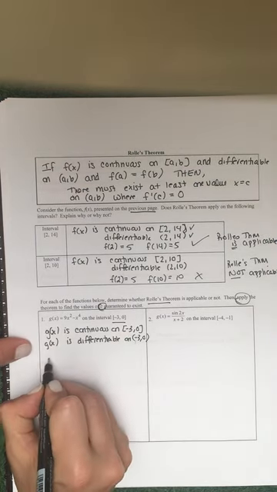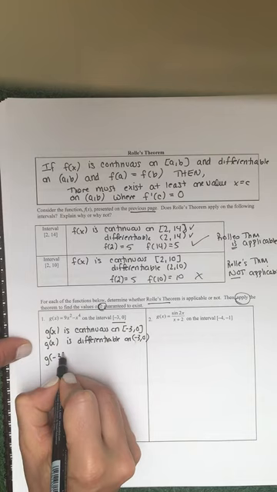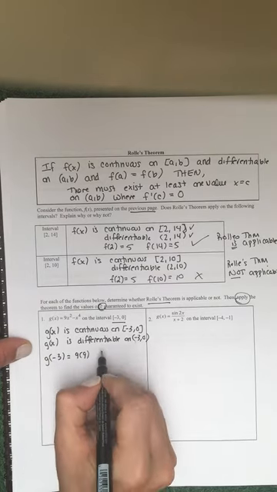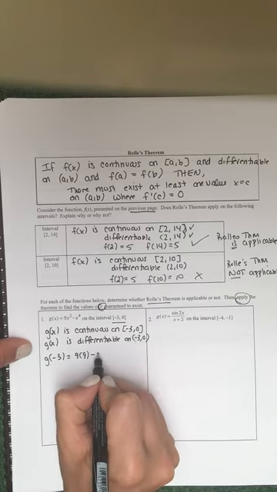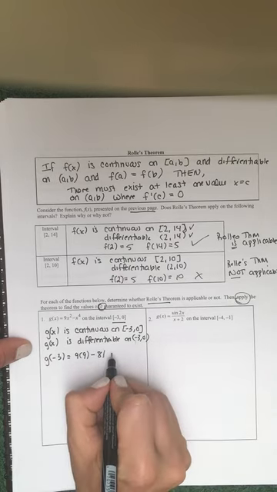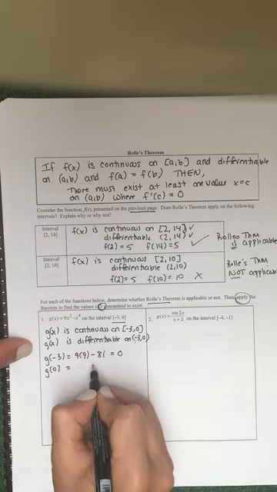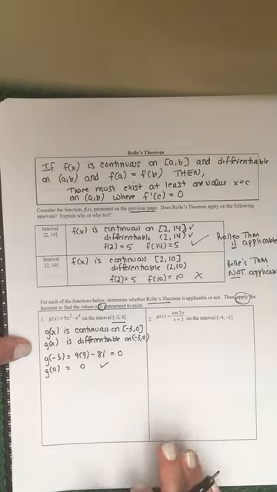So now we've got to see what g of -3 is. It's going to be 9 times 9 minus 81, which is 0. And g of 0 is also equal to 0.